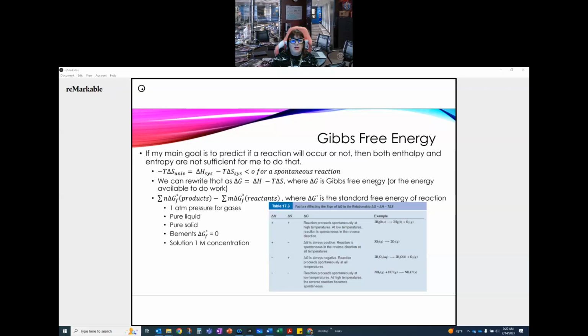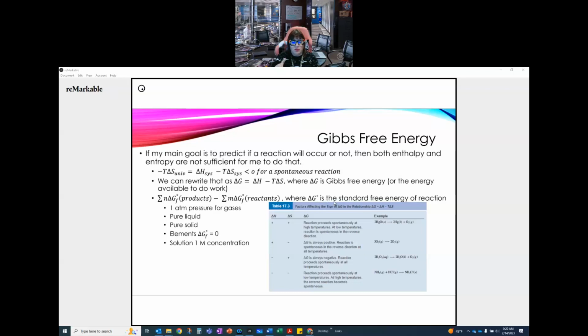Okay. Now, as always, this calculation can be done from the energies of formation of materials. So, the sum of the number of products times the delta G for each product, minus the sum of the number of reactants times the delta G for those reactants, where delta G naught is the standard free energy of reaction.